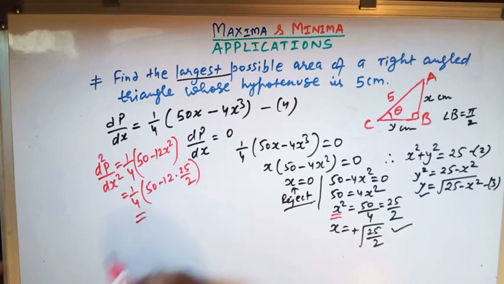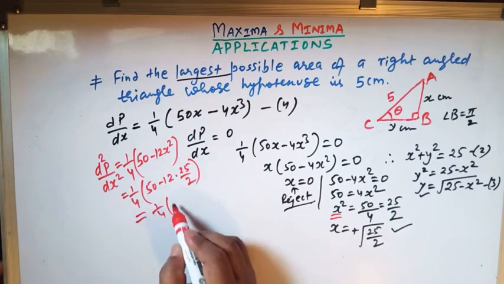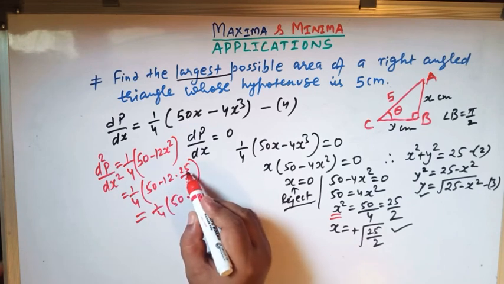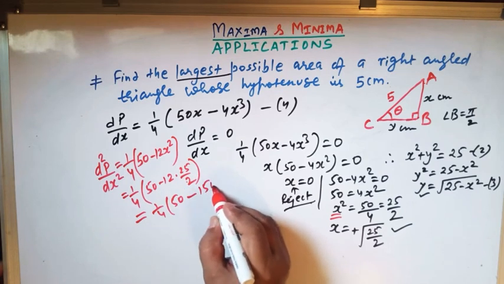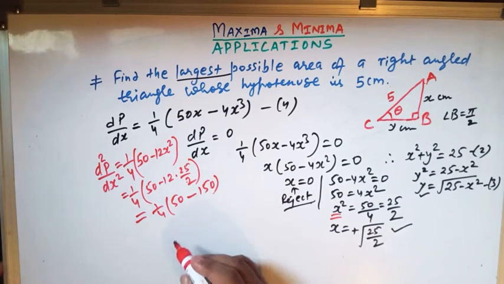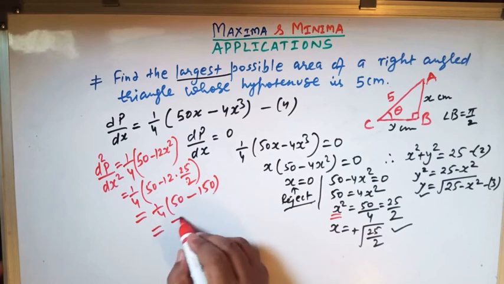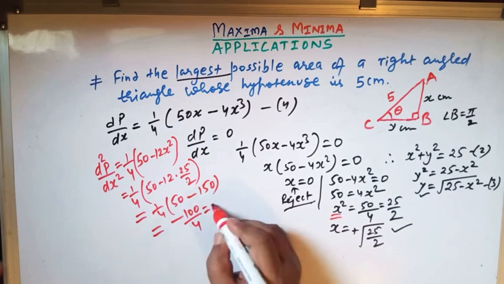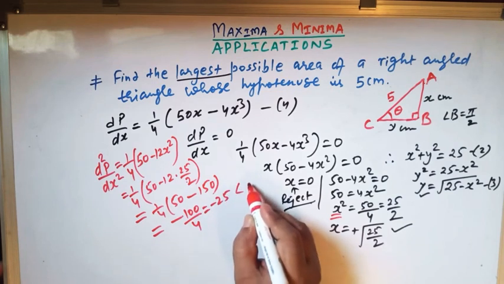So this is 1 by 4 of (50 minus 2 sixes are 12 and 6 twenty-fives are 150). Clear? So this is minus 100 over 4, which is minus 25, and which is less than 0.